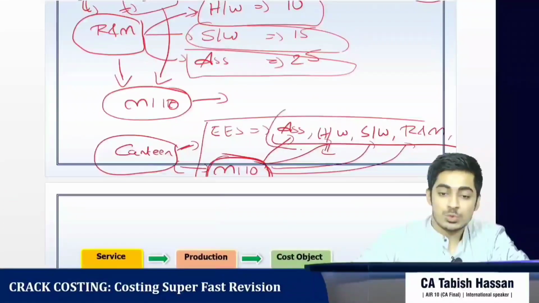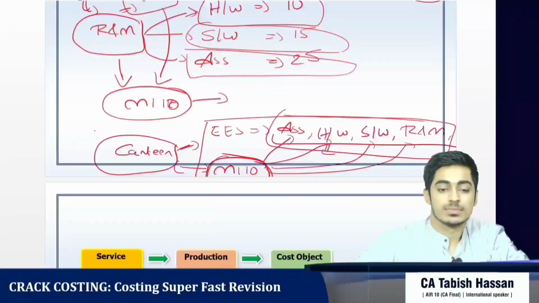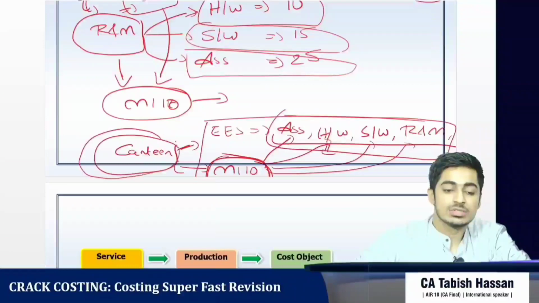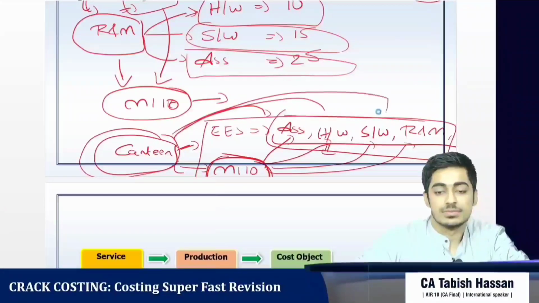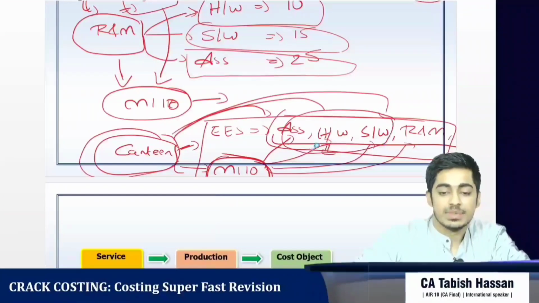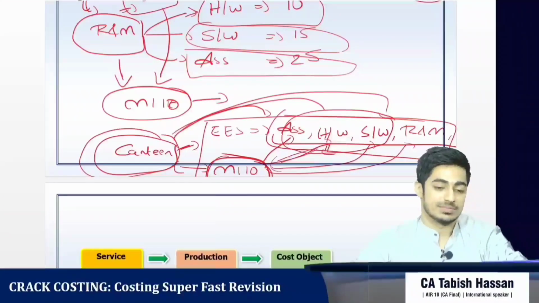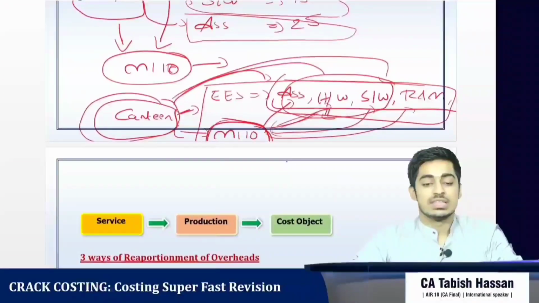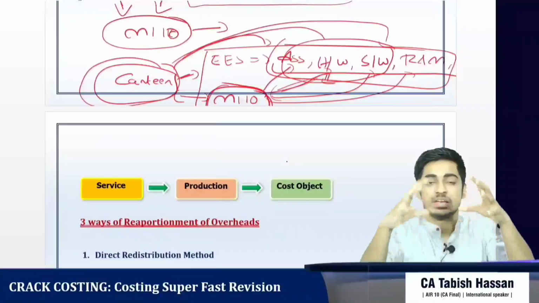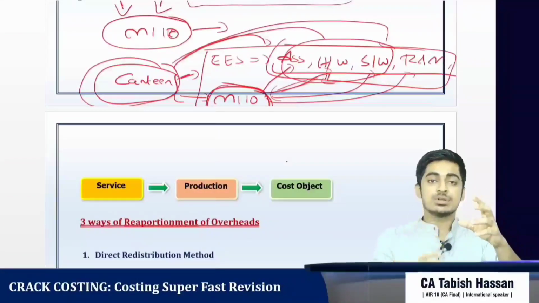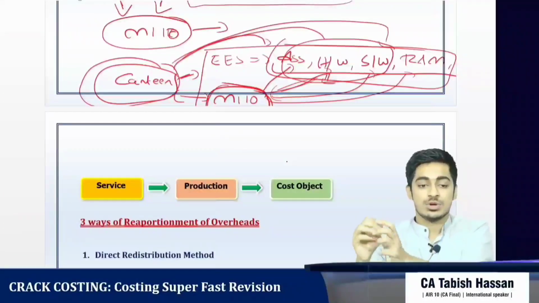So this canteen cost, we first distribute to all the production departments, and from there we charge it to the cost object. So the service department overhead we first transfer to the production department, and from the production department, based on the overhead recovery rate, we transfer it to the cost object.